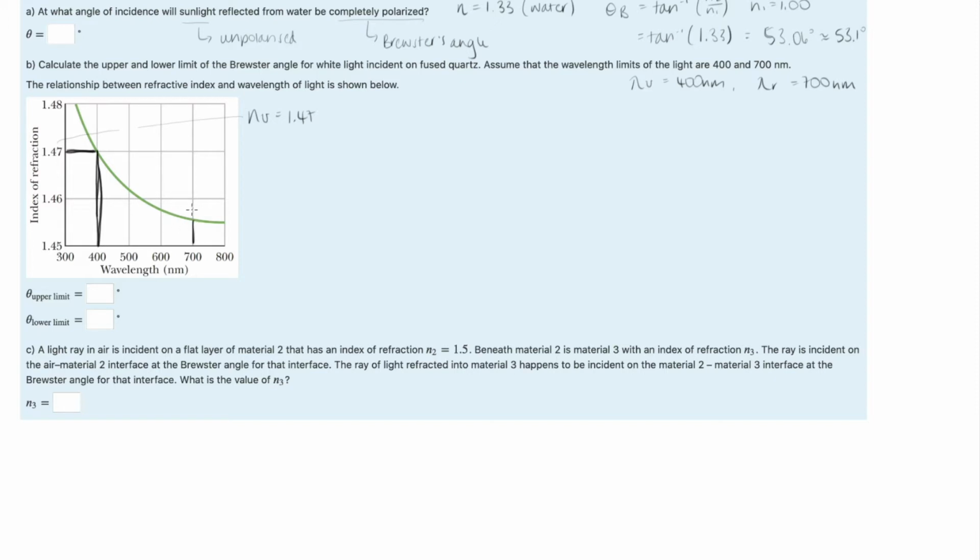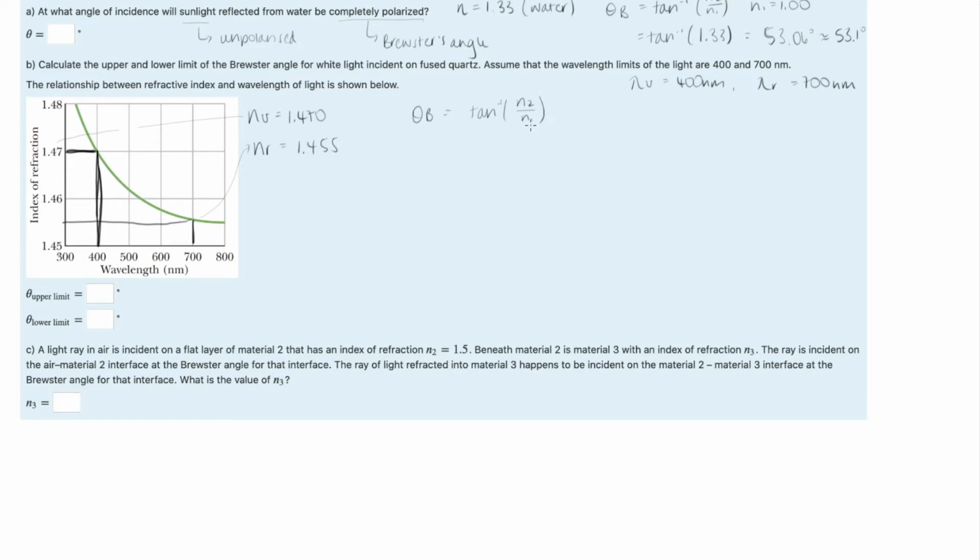Then for 700 nanometers, this is going to correspond to an index of refraction through fused quartz of 1.455. Okay. So we need an upper limit and a lower limit of the Brewster angle. All right, so we have two values of our refractive index. We have our equation here, theta b equals the inverse tan of n2 divided by n1.